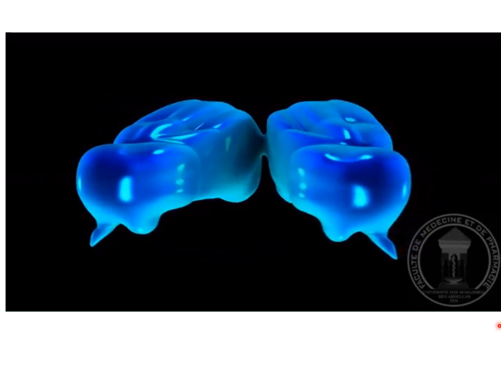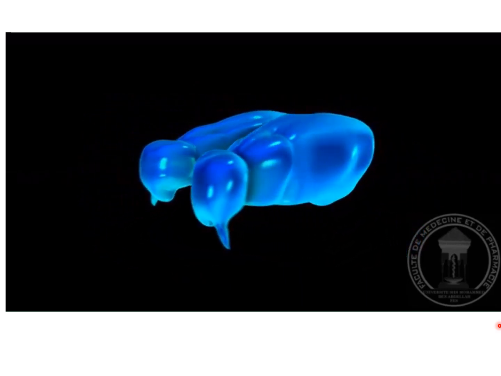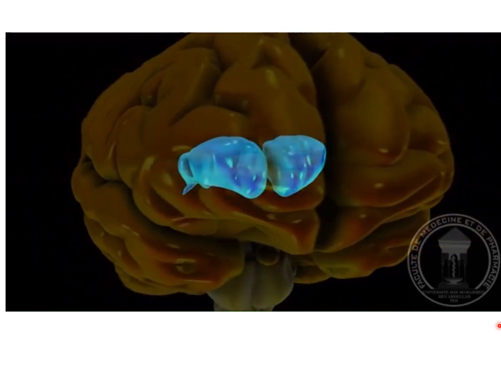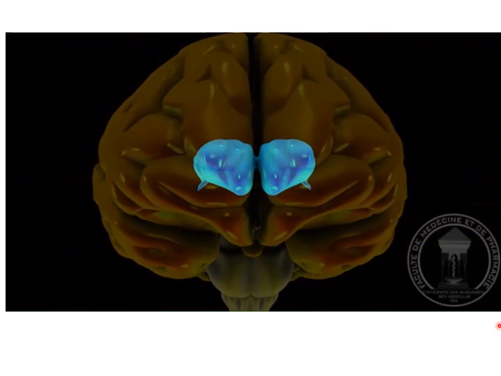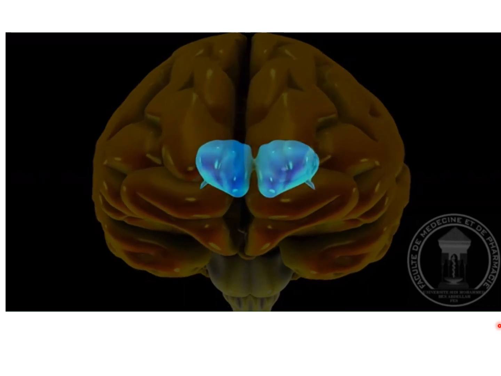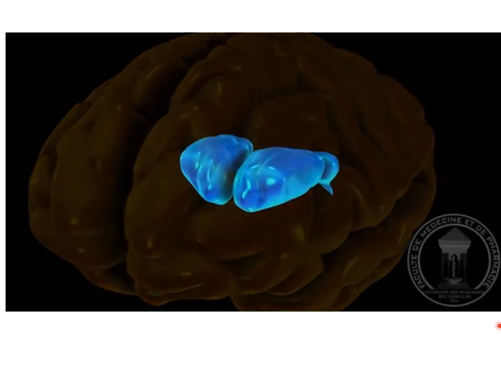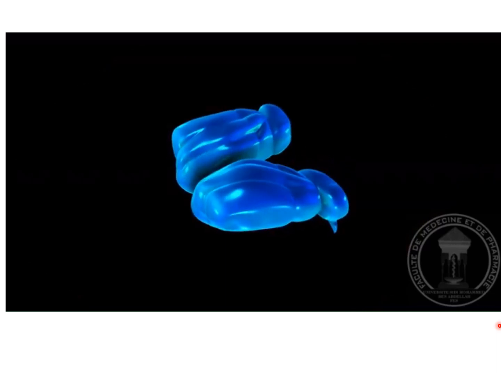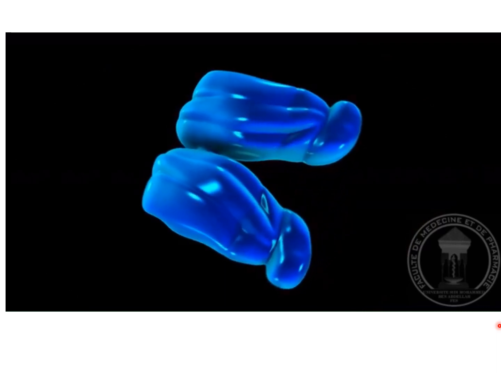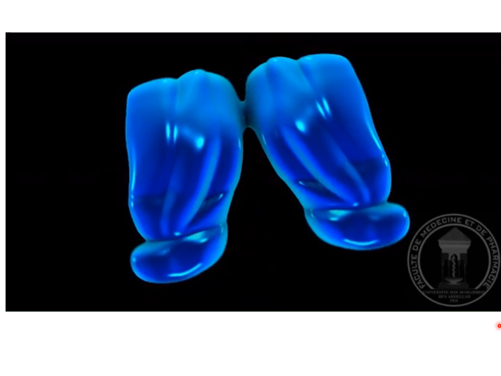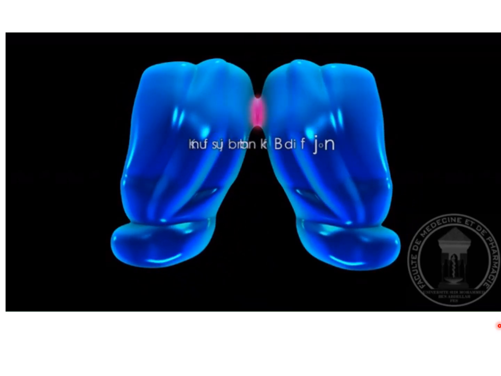The thalamus is made up of two masses of gray matter, right and left, each taking an ovoid shape. These two parts are often joined together in the center by the interthalamic adhesion.